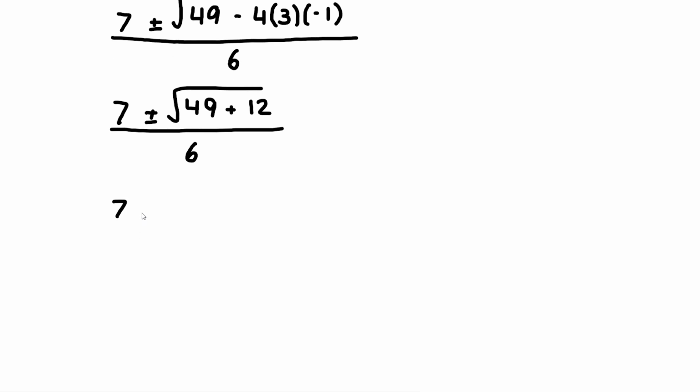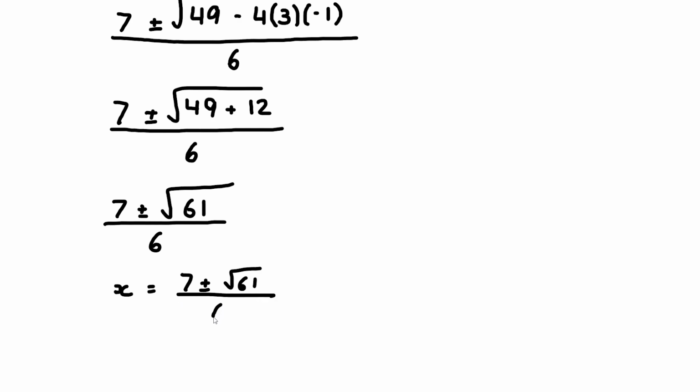Well, 49 plus 12 is just 61. So we've got 7 plus or minus root 61 all over 6, and those are simply your two answers. x equals 7 plus or minus root 61 over 6.